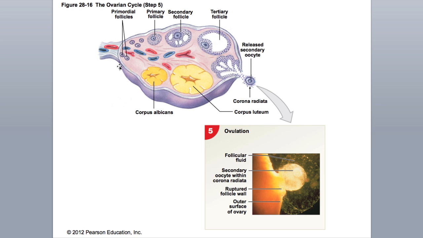So now you see the primordial follicles developing into primary follicle, secondary follicle, tertiary, and then finally mature, and then it's going to pop. Now this process right here at the top, going from say 9 o'clock to 1 o'clock position, is made possible because of FSH.